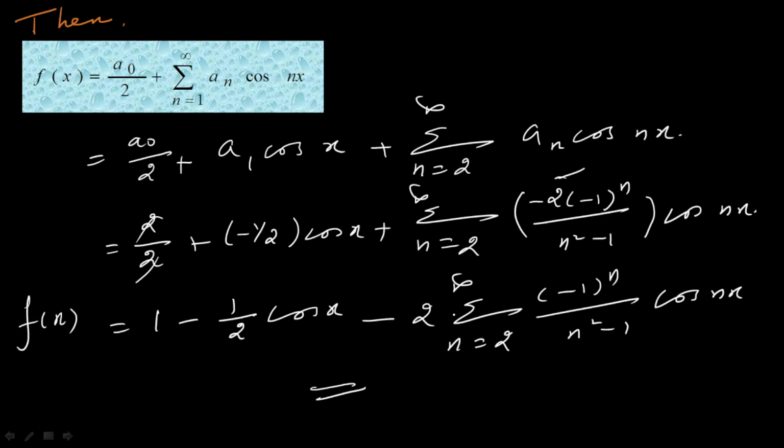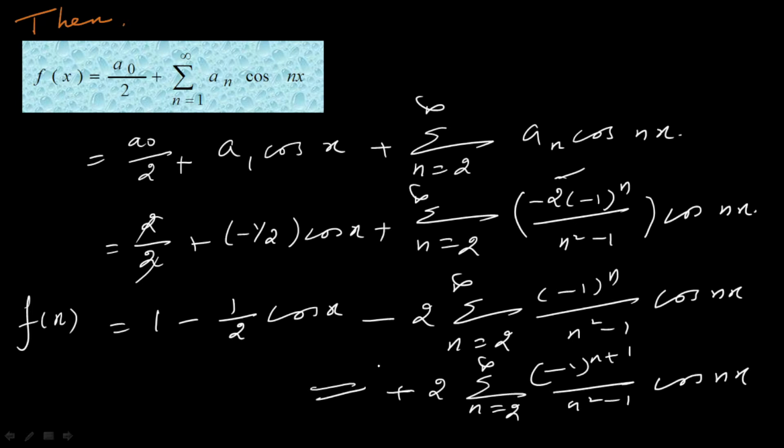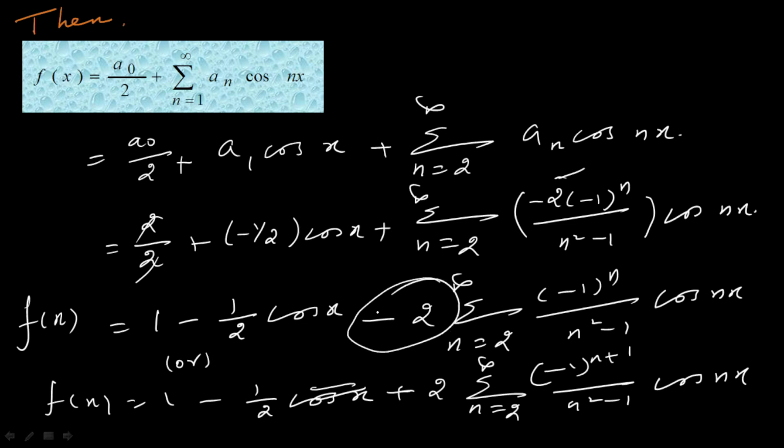Otherwise, instead of taking minus 2 you can take plus 2 outside of the summation, and add this minus to the power of n. That is also correct, whatever procedure you have followed. The first and second terms are as usual. Either you can take minus 2 outside, or you can take only plus 2 outside and combine that minus with the minus 1 power; both are the same.